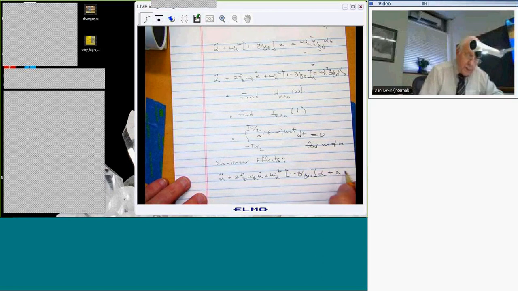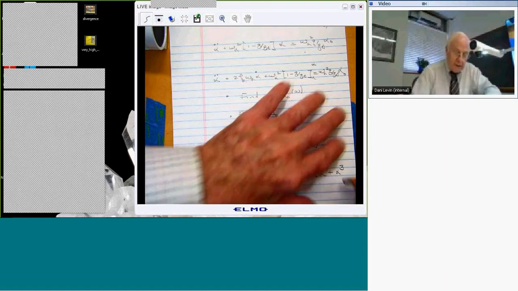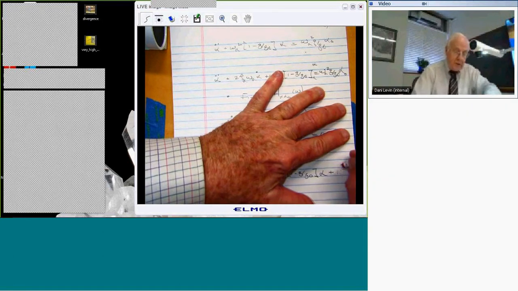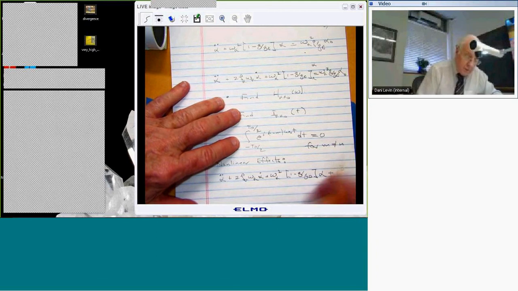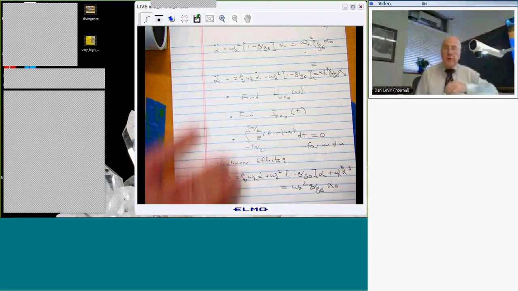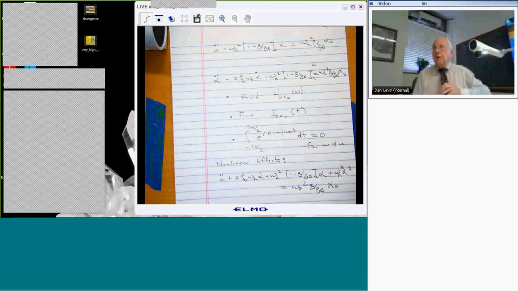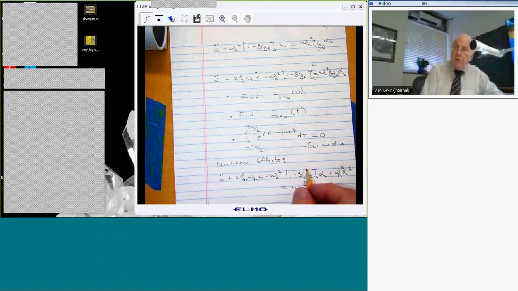Why not? In fact, I guess we should make it dimensionally consistent. So we need plus omega alpha squared times alpha cubed, right? Equals omega alpha squared alpha naught. Okay, so see if you can make it work for this case. You can, but you're going to have to make some additional assumptions and approximations.